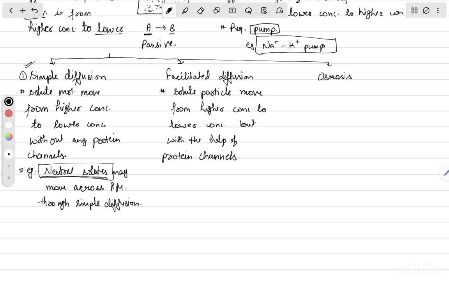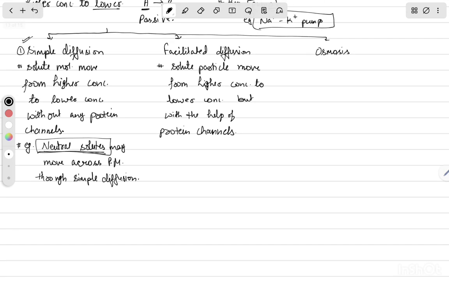A very important example of facilitated diffusion you will learn in the ATP synthase particle. In ATP synthase particle, F naught channel of ATP synthase. You will learn about the F naught channel of ATP synthase in the respiration chapter.